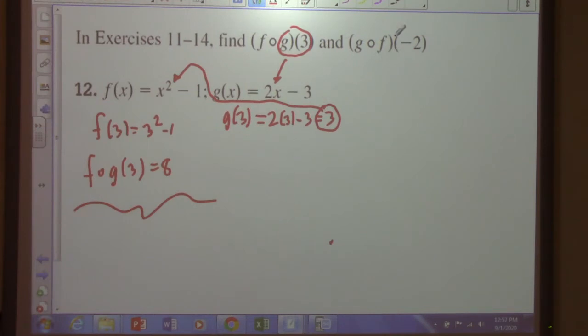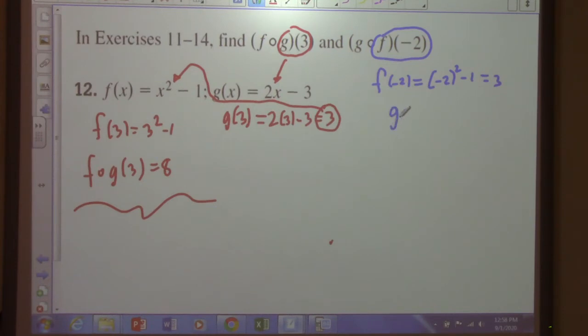And then the other one, g of f of negative 2. f of negative 2 is equal to, we just plug in negative 2 here, so negative 2 squared minus 1 equals 3.